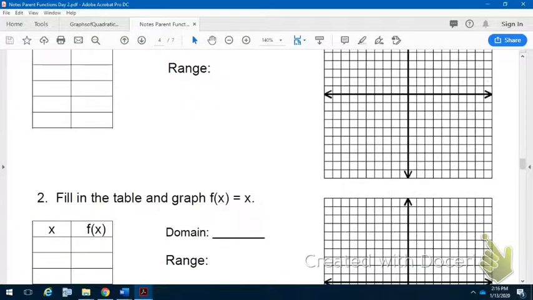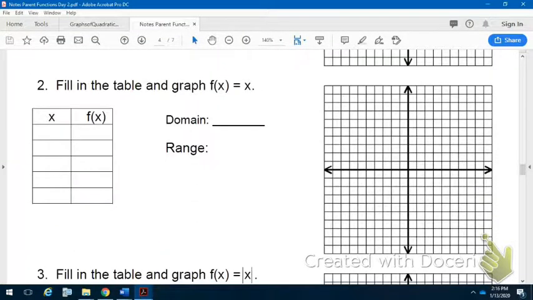Then we're going to go down to the linear function, y equals x. And this one is a straight line. It's going to go from corner to corner through the origin. Again, this is already on your parent function chart, so I'm just going to draw it in real quickly.